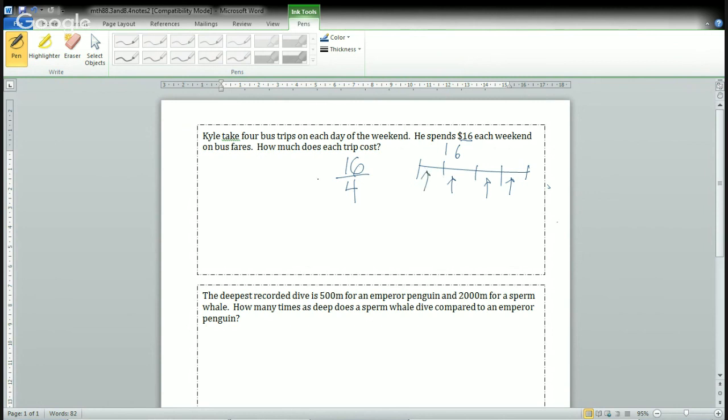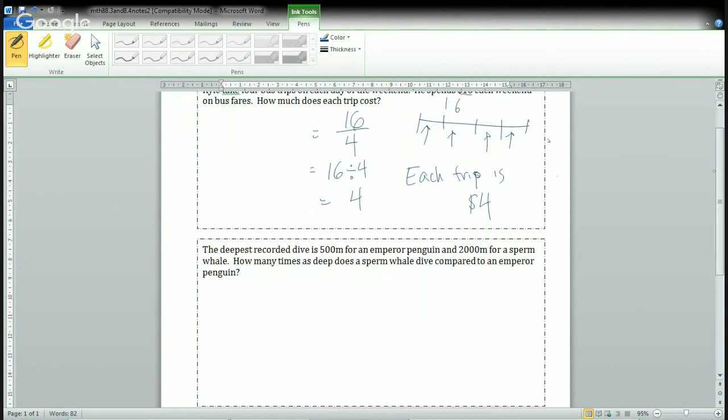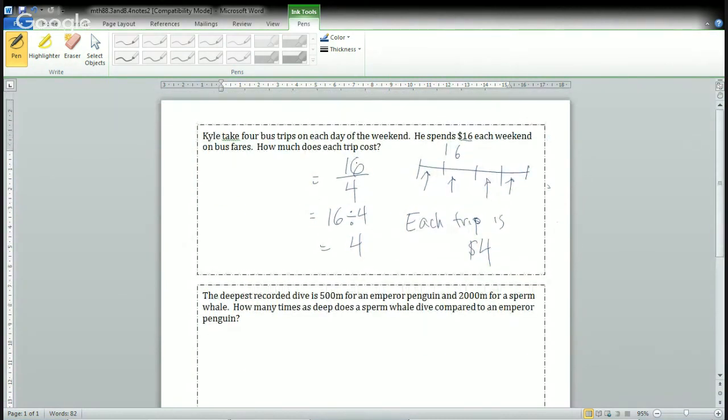So 16 divided by 4. Remember that you can write division questions like fractions. I know that that's 4. So my concluding statement would say each trip is $4. Okay, so that one was positive divided by positive gave me a positive.